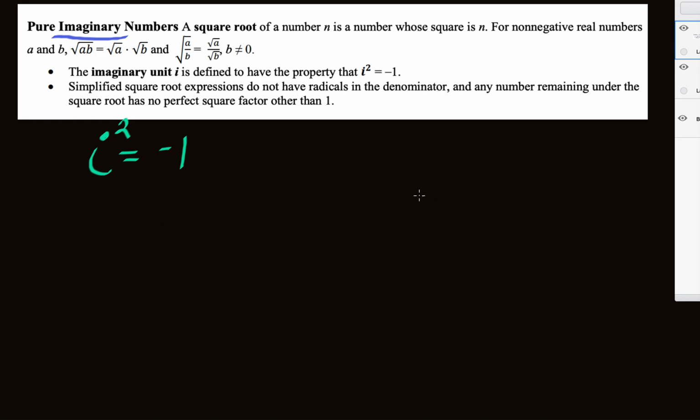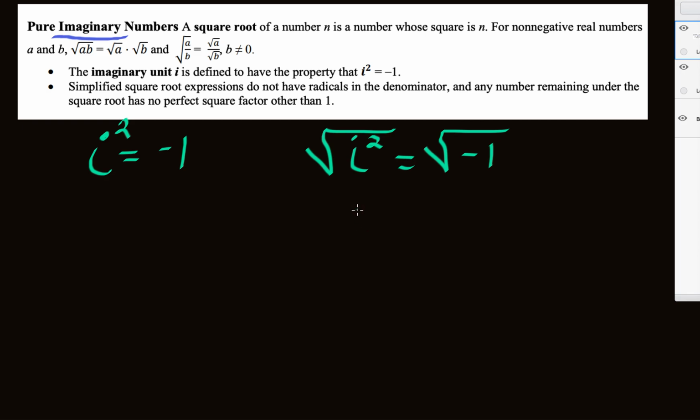What happens if you take the square root of i squared? Let's just do some math. Take the square root of both sides.